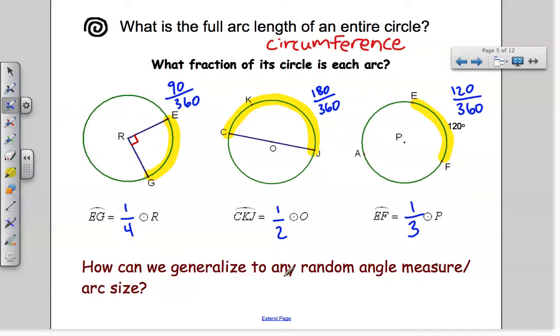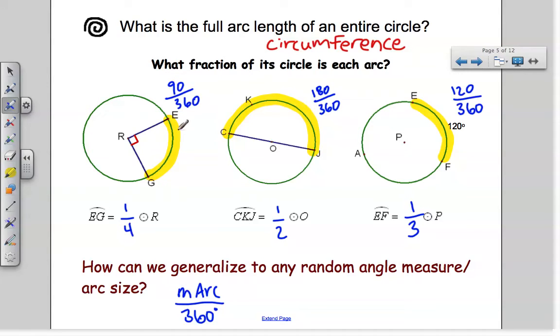So my question is, how can we generalize to any random angle measure or arc size? Well, it's a portion of the circumference, right? I know I was just saying 1/4 because it's 90 out of 360, 1/2 because it's 180 out of 360, or 1/3 because it's 120 out of 360, but you take whatever the angle measure is, or whatever the measure of the arc is, and it's always going to be out of 360. Because you know the whole circle is 360 degrees.